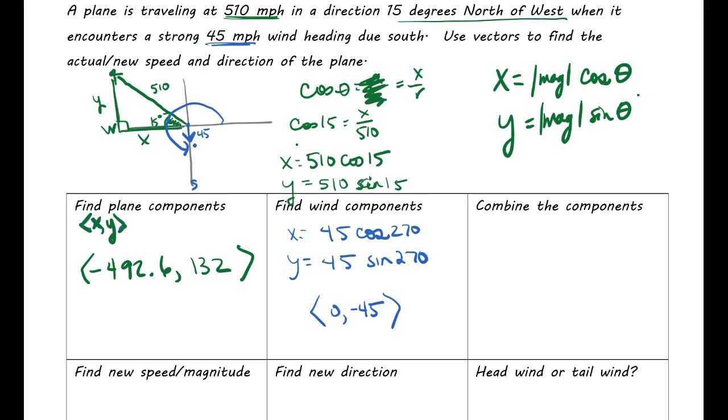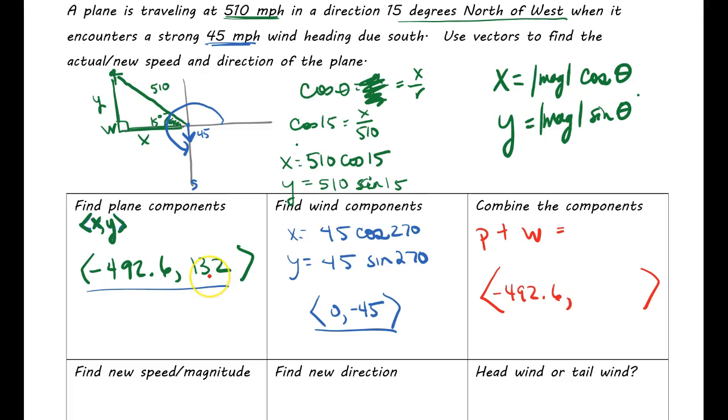So now we need to combine the components. Well, we have two terminal points, so to combine the plane plus the wind, all we have to do is add these together. So let's do that. Let's add this x plus this x, and it looks like it's just that.